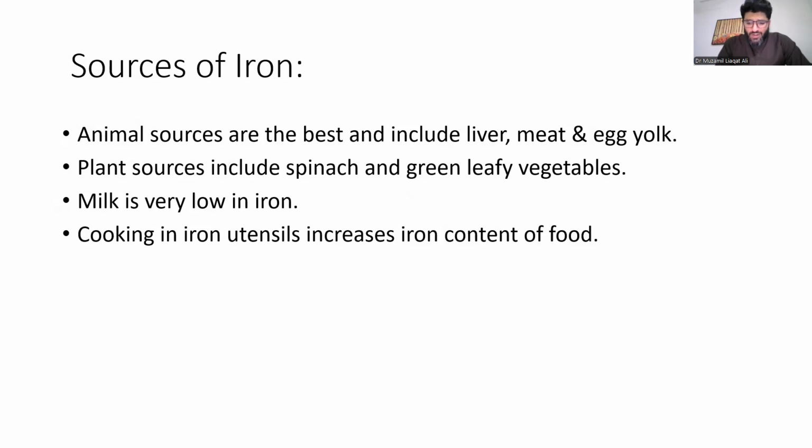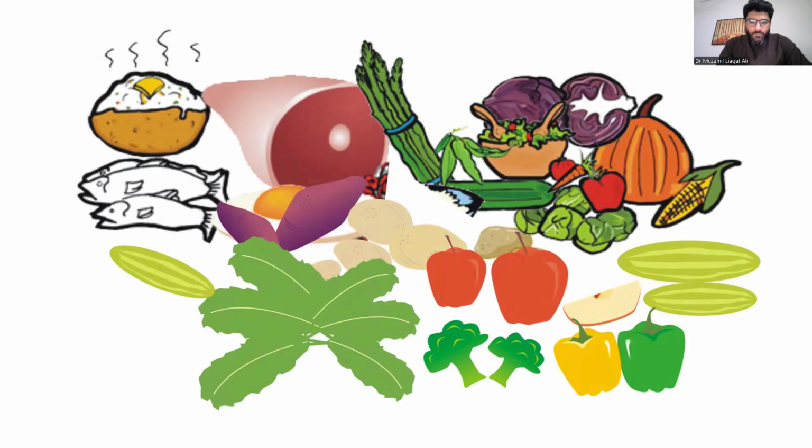Milk is very low in iron, which is why infants need iron supplementation or iron fortified formulas, right? An interesting point is that cooking in iron utensils increases the iron content of food, as some iron leaches into the food during cooking. As you can see on your screens, these are the sources of iron.